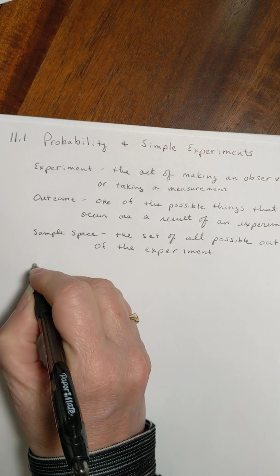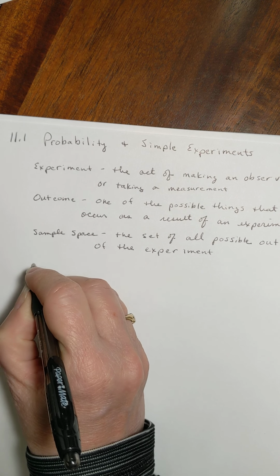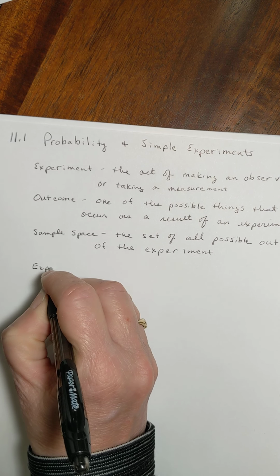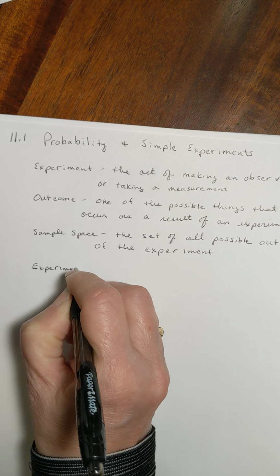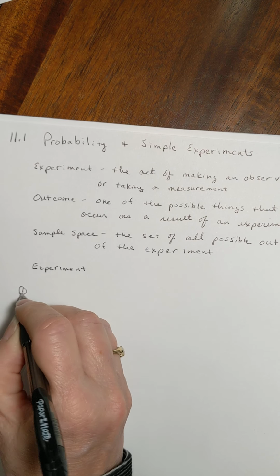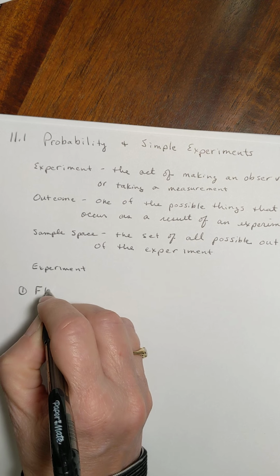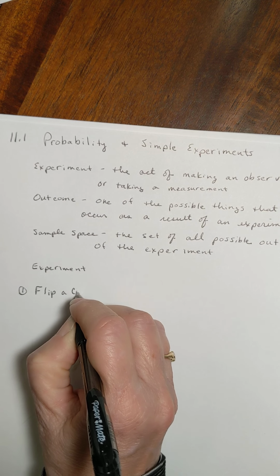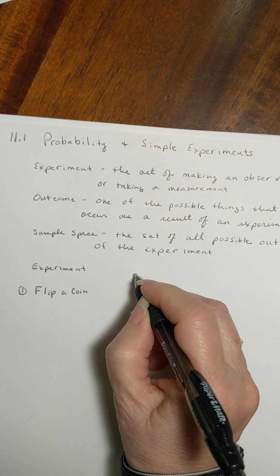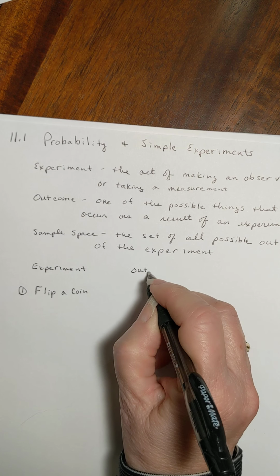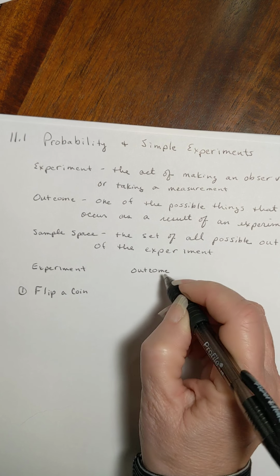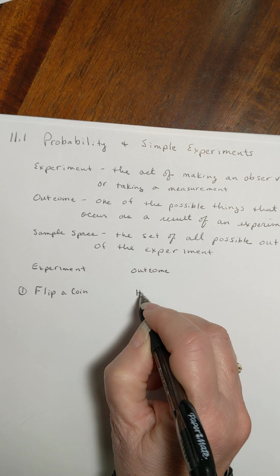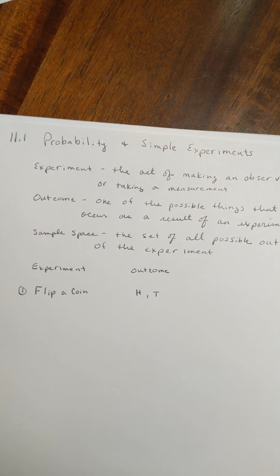Let's say that my experiment is flipping a coin. The outcomes that you can have are either it turns up heads or it turns up tails.